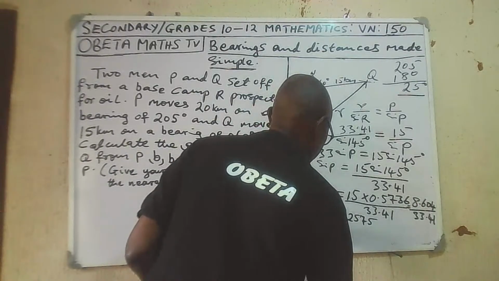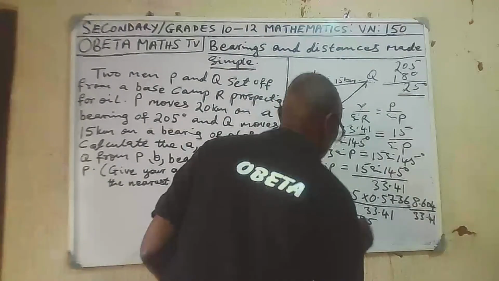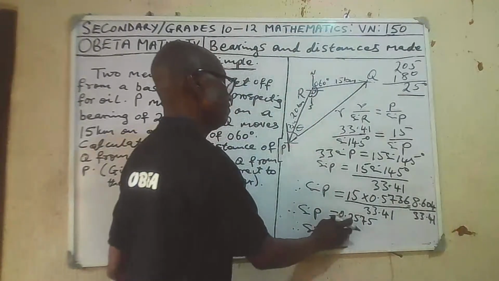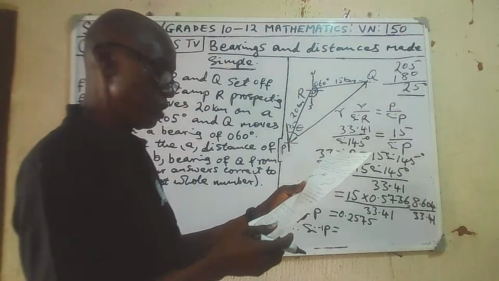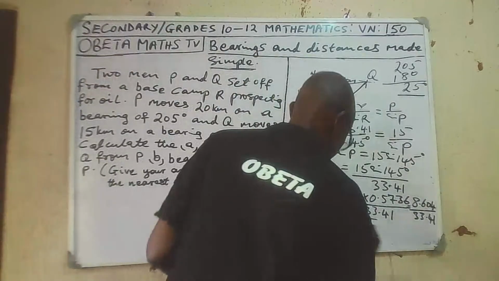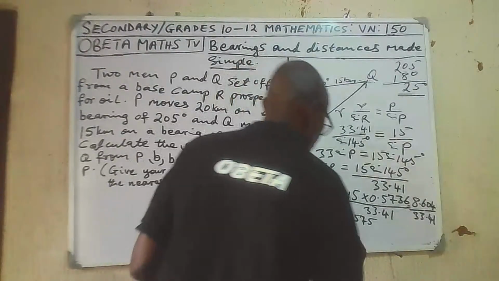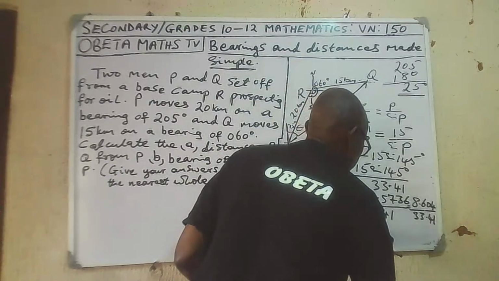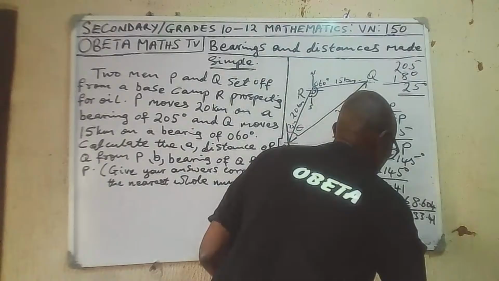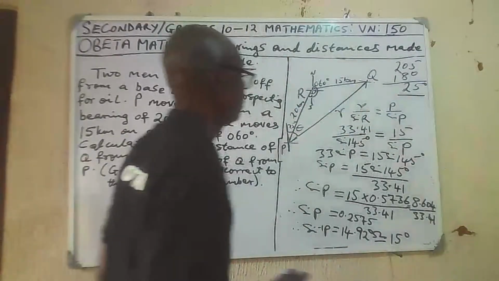Therefore, P is equal to the sine inverse of 0.2575. And if you do that, you are going to have 14.92 degrees, approximately equal to 15 degrees.